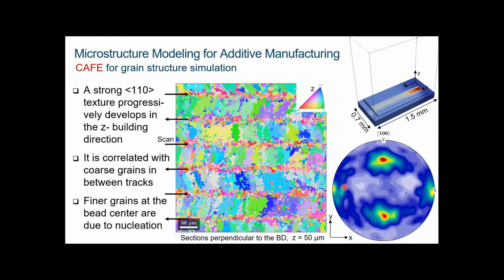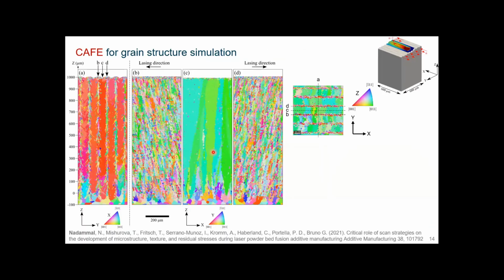Okay, well, this is when you push it a bit further, you just continue the simulation. Here the simulation was for a 1 millimeter thick deposit, typically 600 micrometer by 600 micrometer. This is the plus minus x scanning direction.